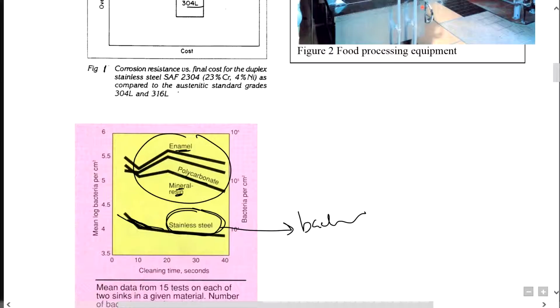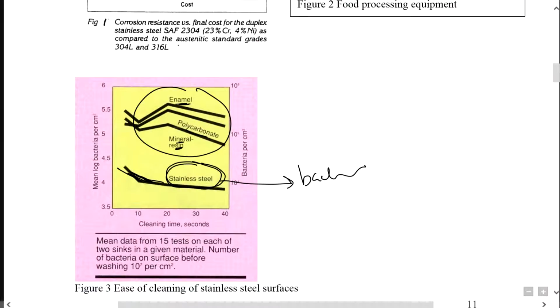This is the bacteria chart. You have mild steel, which we have talked about, polycarbonate, mineral resin, and stainless steel. The lower it is, the fewer the bacteria. So stainless steel is good for bacteria prevention over the rest.